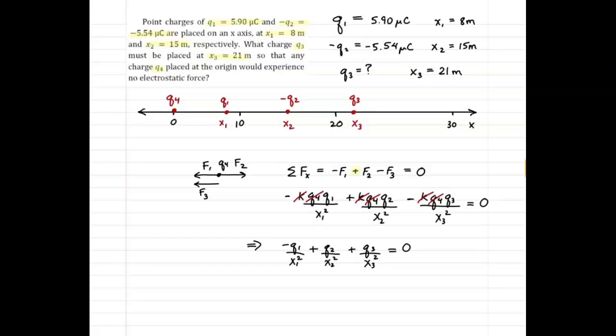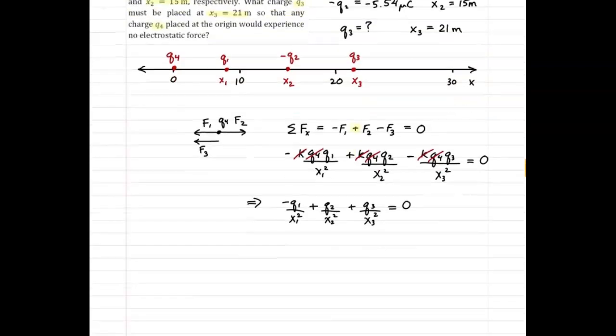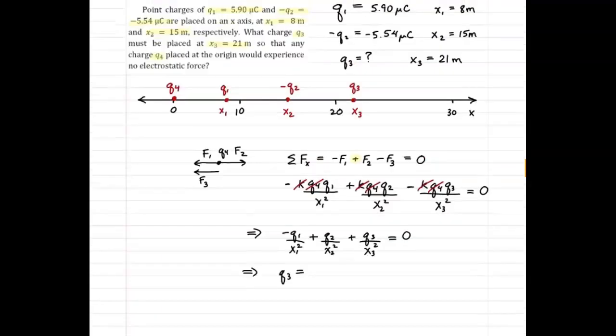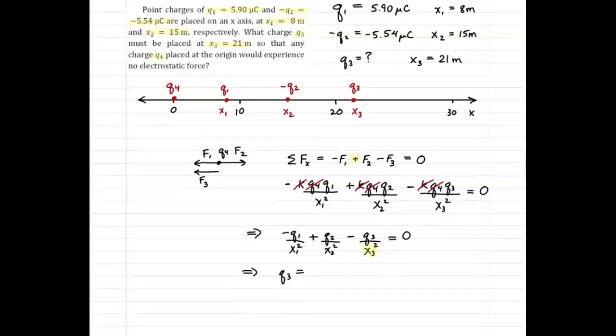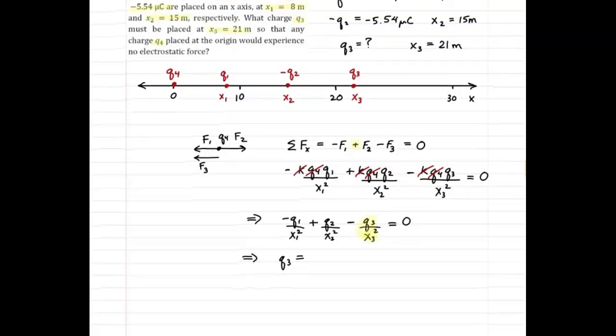Now recall what we're trying to do. We're trying to find Q3, so why don't we just try to solve for Q3 here. Oh, sorry, there's a mistake here. This is actually minus. We're going to take this whole term you see here and bring it to the other side. That's the first step we're going to do.